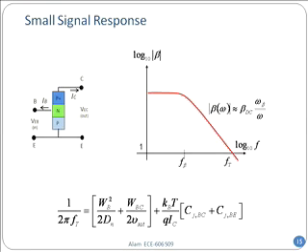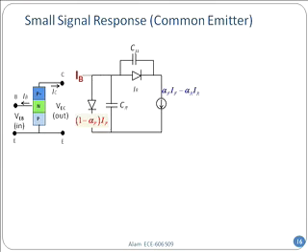Now, how does this expression come about? So let's see how it comes about. If you did your homework, at least the one that I suggested in the class, then you might remember that if you take the Ebers-Moll model, which I drew in the common base configuration, and convert it to a common emitter configuration, do you remember a few classes ago?